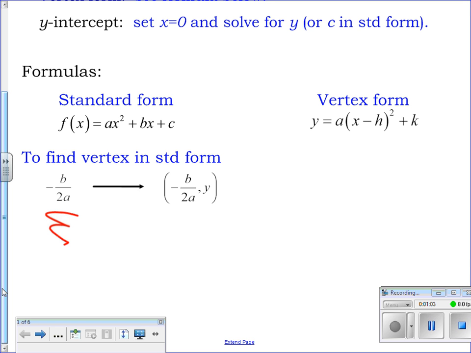Once you find the x-coordinate, to find the y-coordinate, you take that value of x, plug it into the original equation, and figure out what y is. This is going to be an important one, and these are one of the ones that I would really make sure you have memorized.